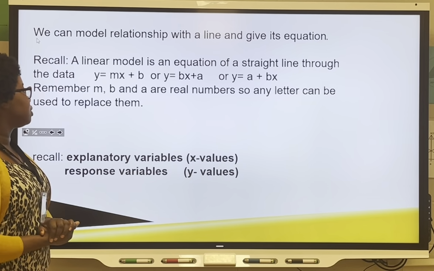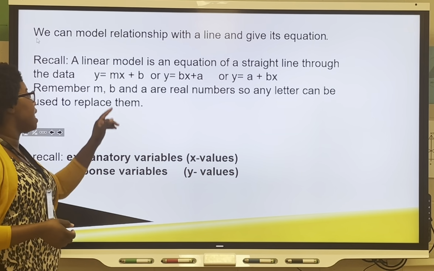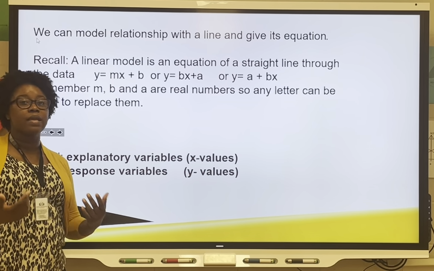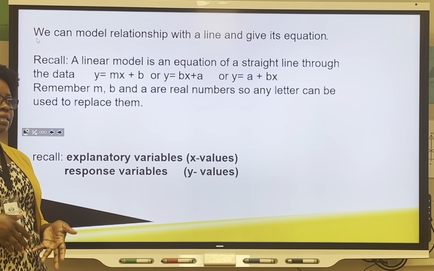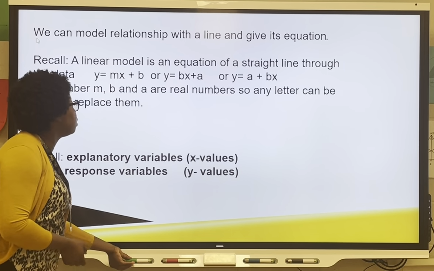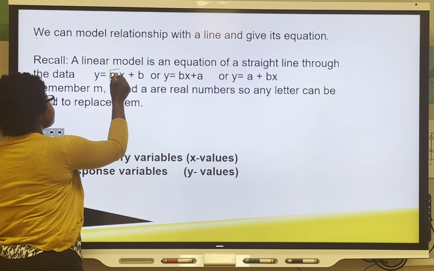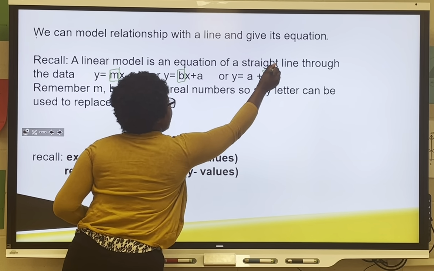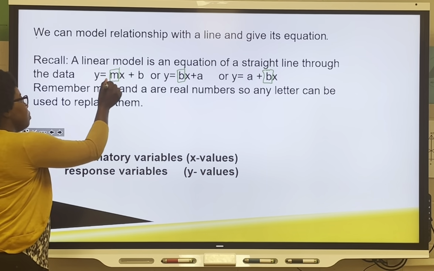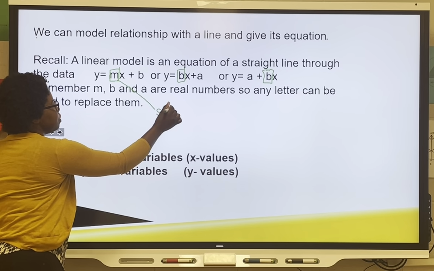Our goal is to be sure that we're able to identify the slope wherever we see it. And we mentioned that whatever coefficient of x, that's going to represent our slope. So right here, m, b, and b represents our slope. So these are our slopes.